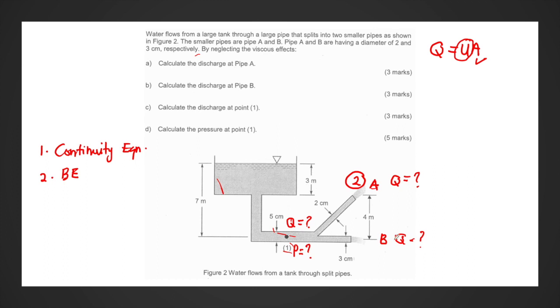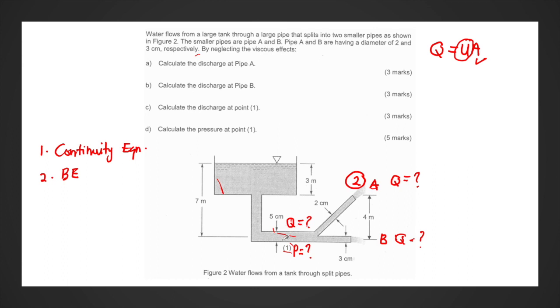We have 3 points. Which point is suitable for us to select as our point number 1? Let's say I select point number 1 at 1. Do we have pressure here? No. That's why we have to calculate the pressure at point 1 in question D. If we do not have any pressure value at point 1, we cannot choose point number 1.